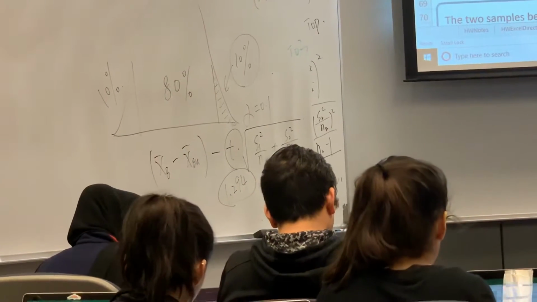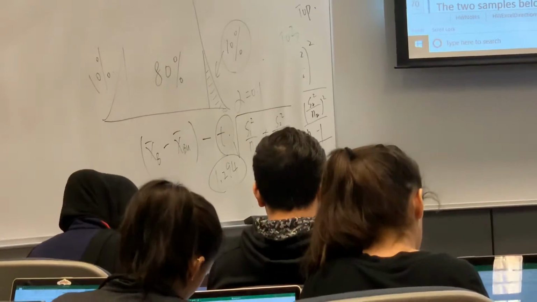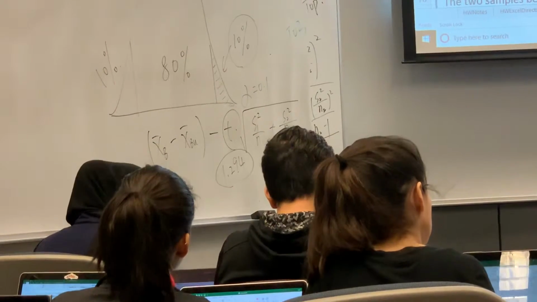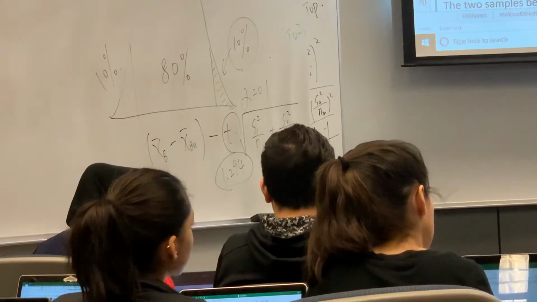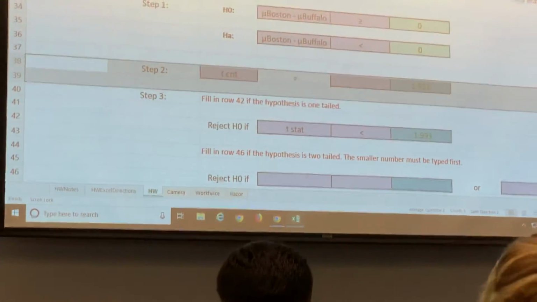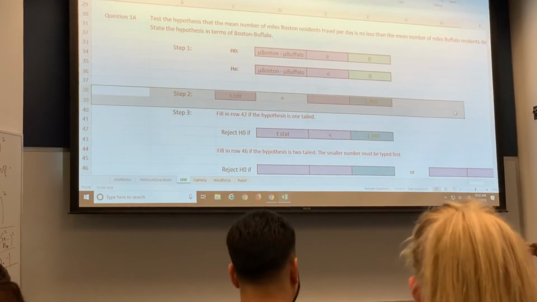Here's the question that students keep asking. Can I use the same t-crit that I have already found in step 2 to find my confidence interval?